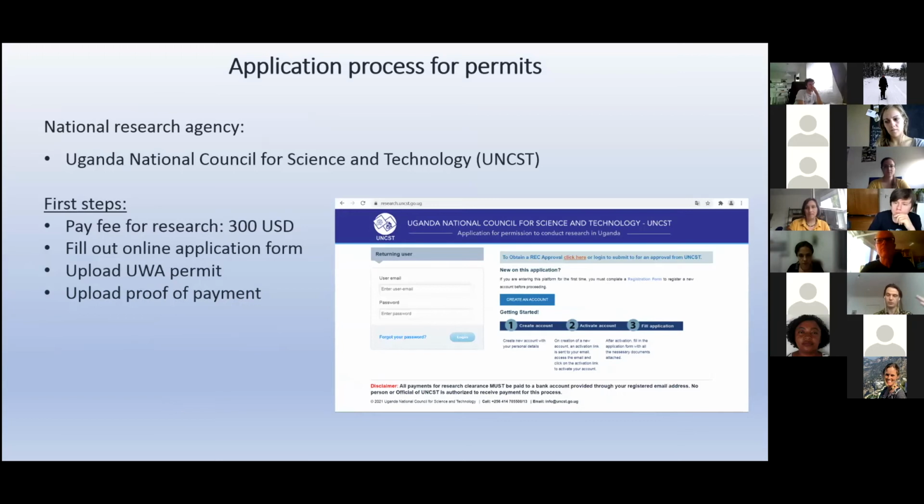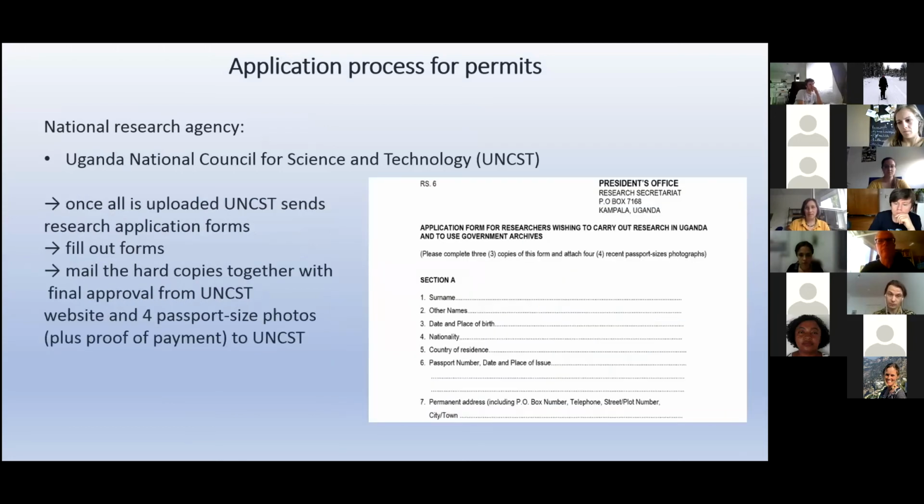For this, you first transfer $300 US to their bank account and create an online account and fill out an online application form. This will be approved by them, and then they will initiate the actual application form where you have to fill out forms again, submit a clear project proposal, photos, and so on.